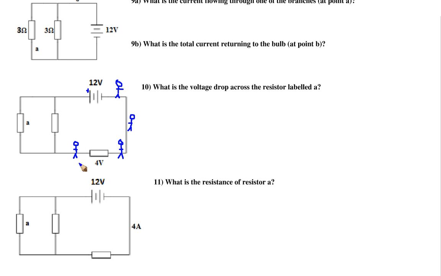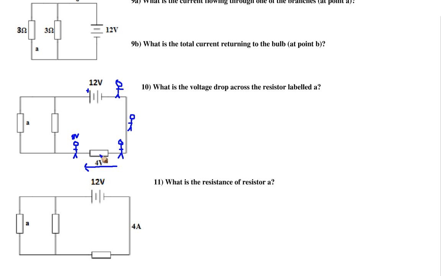So if you came through, and after you've gone through this resistor here, it says there's a 4 volt drop through this resistor. So what would be the remaining energy that you'd have? Well, you could think of it as though you had 8 left over here.